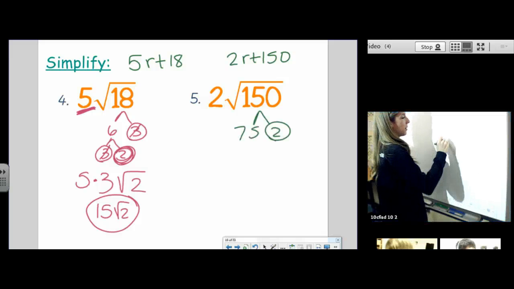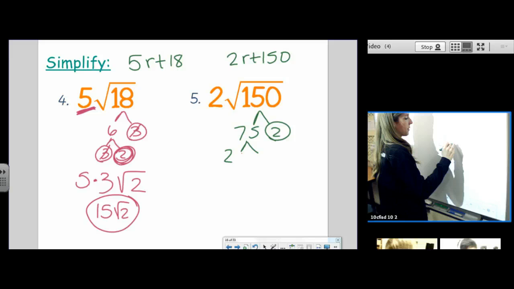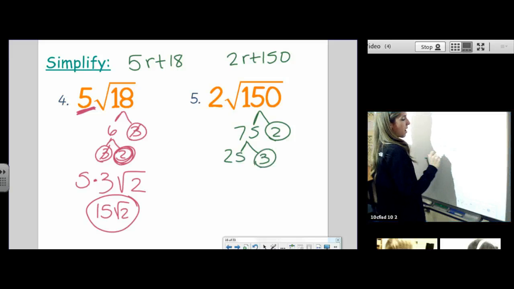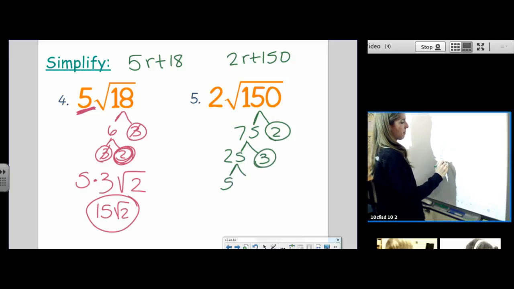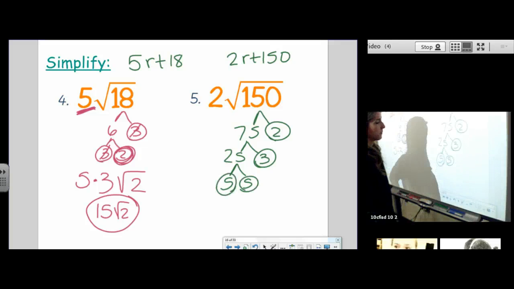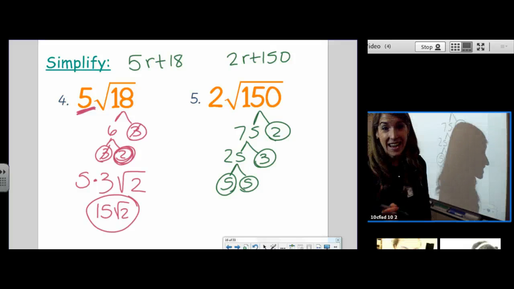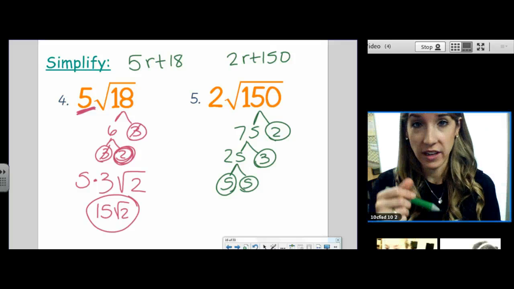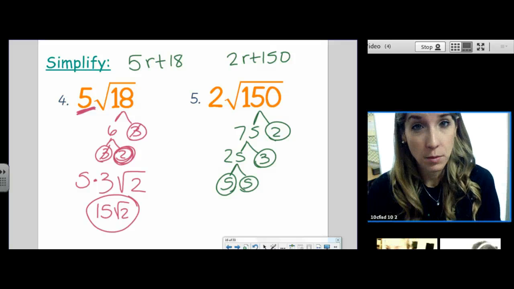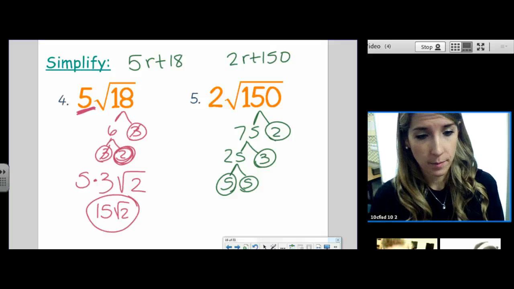Okay, 75 is what? 25 times 3? I'm circling numbers when I get to prime numbers. Okay, now we're done. When you reach a dead end on every branch of the tree, that means when you reach a prime number, you stop and you circle them.